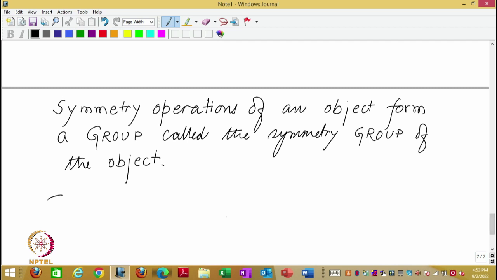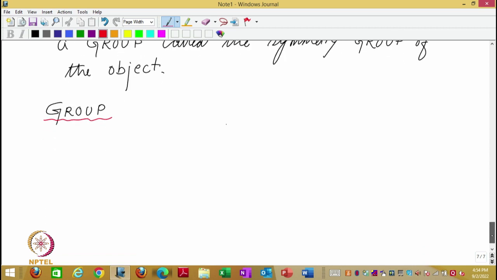So, what exactly is a group? Group is a mathematical concept. So, we will define that. Let us define group.